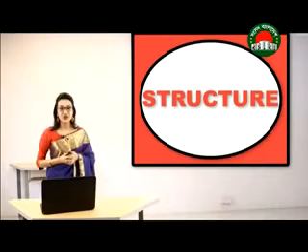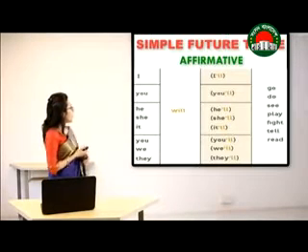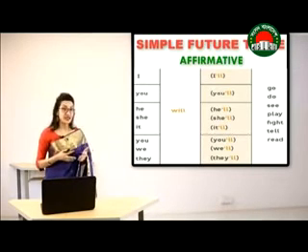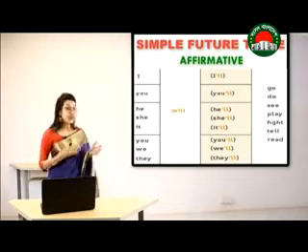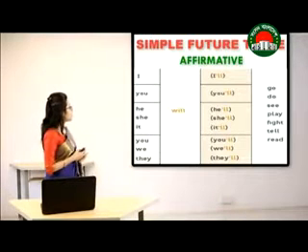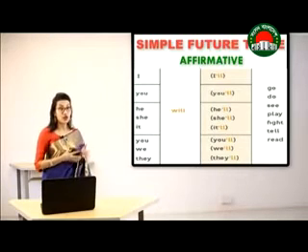Now let's look at the structure of simple future tense. Now this is the structure of affirmative sentence or positive sentence in case of simple future tense. As you can see in the example, here we have used will with all kinds of pronouns or nouns.